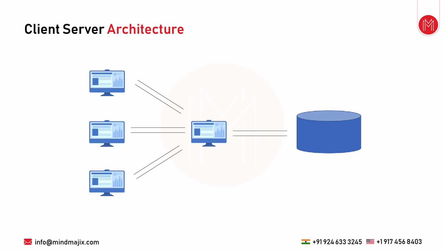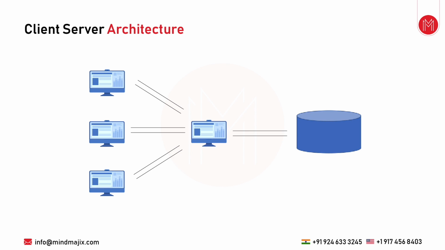Suppose there are three users who are accessing the IRCTC website. Now, these three computers are the user computers where they are querying or they have requested to know the timings of a particular train. Now, when the request is generated by the end user computers, the network computer processes that request and fetches the information from the database and provides it to the end user.